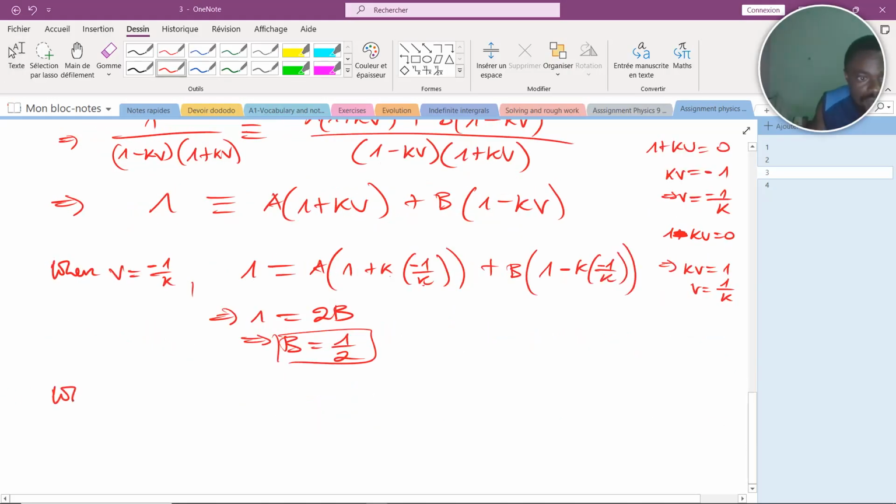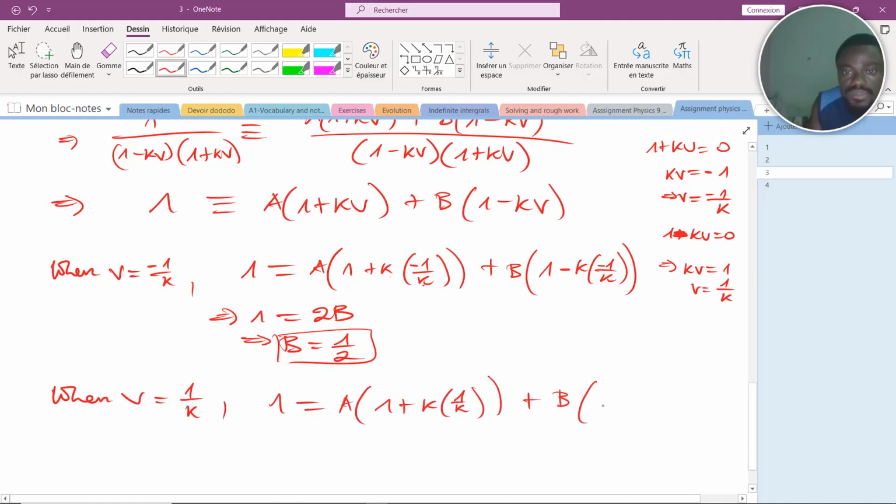When v is equal to 1 over k, what do we have? We have 1 being equal to, substituting here, A into (1 plus k into 1 over k) plus B into (1 minus k into 1 over k). Is that okay? This k and this k go, and we'll be left here with 1 minus 1, which is 0.